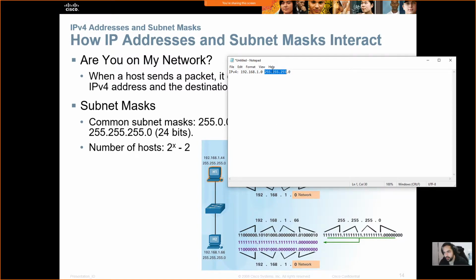That's why you have 255.255.255.0. What does the subnet mask actually tell me? This subnet mask is telling me what portion of the IPv4 address belongs to the network and what portion of the IPv4 address belongs to the host.